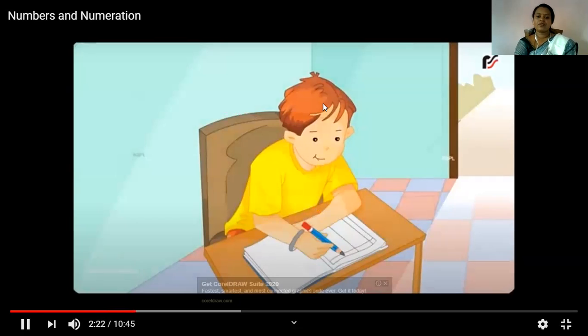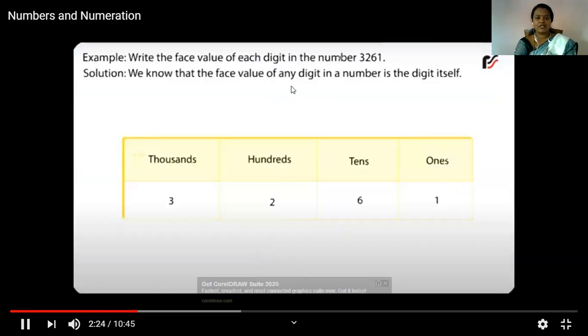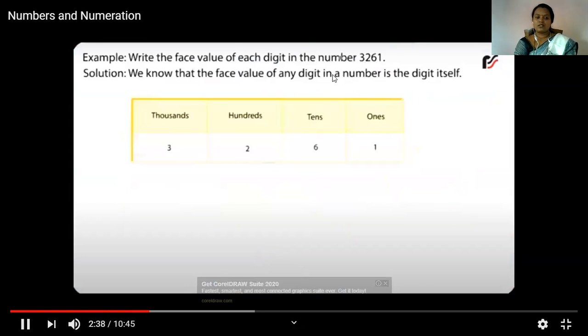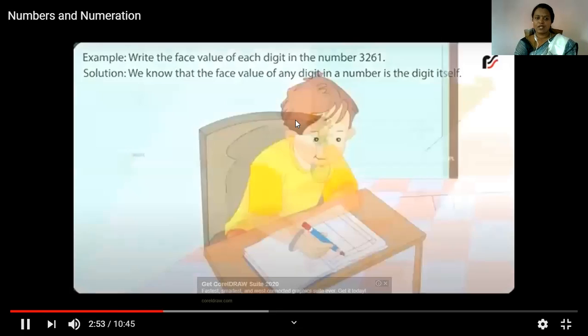Example, let us write the face value of each digit in the number 3261. So we know that face value of any digit in a number is the digit itself. So the face value of 1 is 1, face value of 6 is 6, of 2 is 2, the face value of 3 is 3 itself.